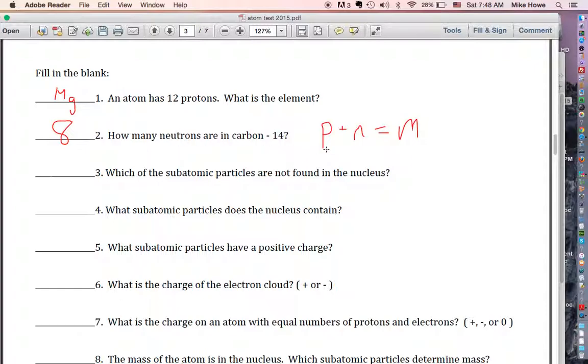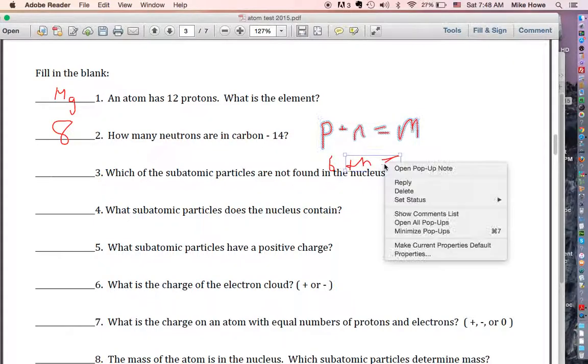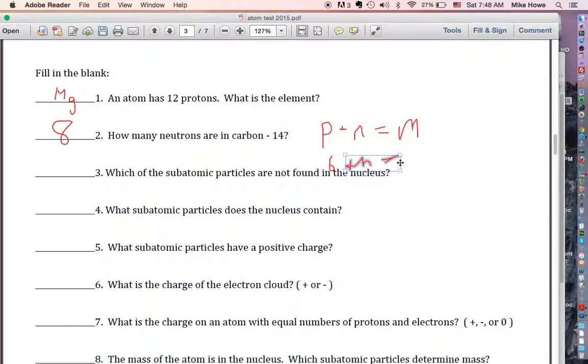Did I make it clear that if I have 6 protons and some number of neutrons, so 6 plus N equals 14, then we know that N has to be 8.